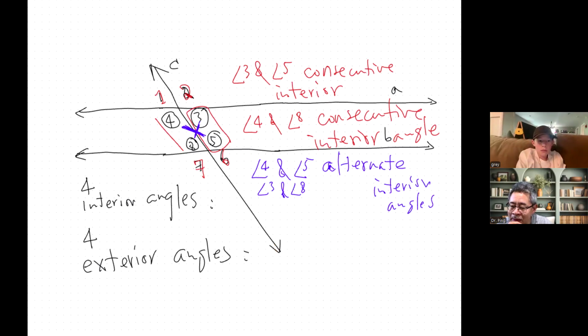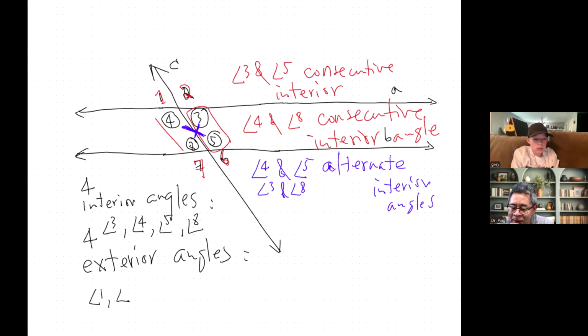Okay, and we go back. I'm writing right down here: 3, 4, 5, 8 are interior angles, and 1, 2, 6, 7 are exterior angles.